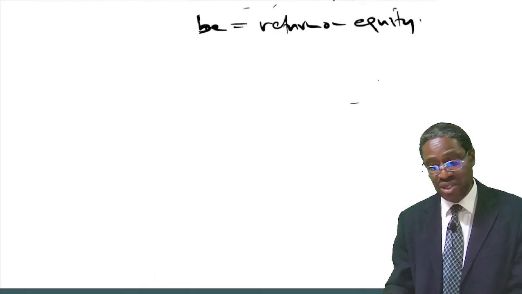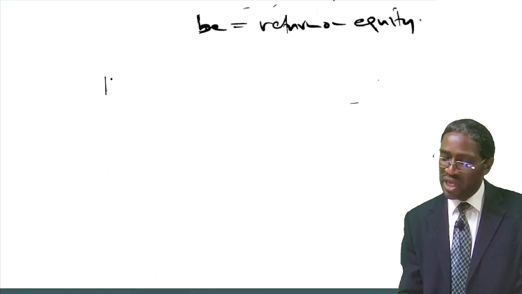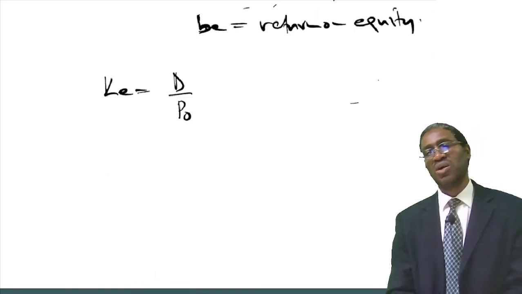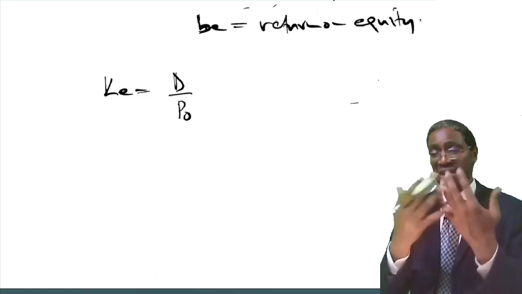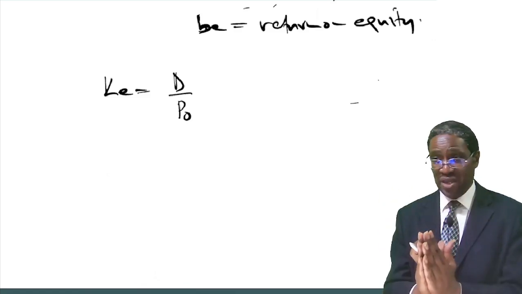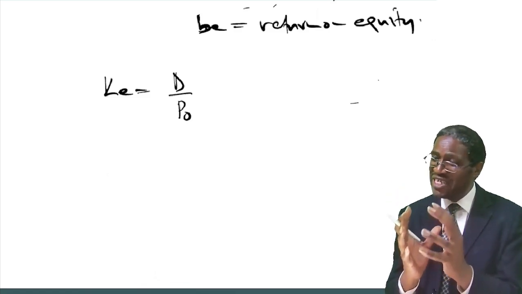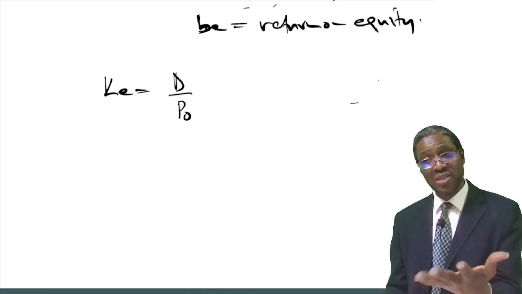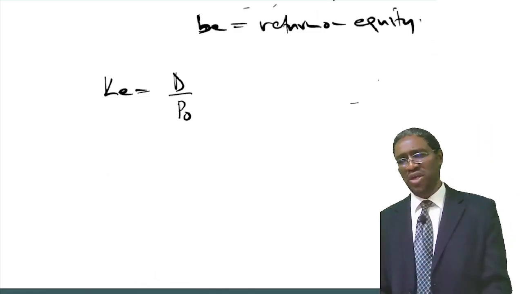In other words, there was no growth in dividend and we expected dividend to remain the same forever. That was our first approach. I'm just summarizing to remind you, where we said that KE will be given by D divided by P0, where there was no growth rate. Just take the dividend, divide that by the market price. This gives you the dividend yield, which represents the real return on your investment.